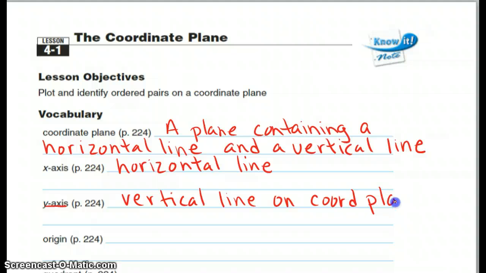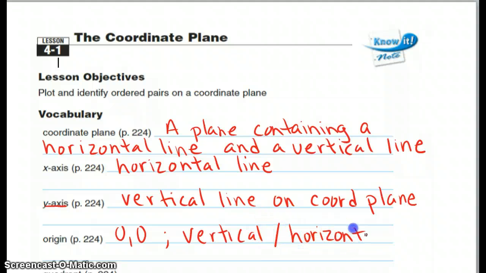If at any time you need to pause this to copy the definitions, please do so. Origin is the 0, 0 on the coordinate plane. It's where the vertical and horizontal lines intersect.